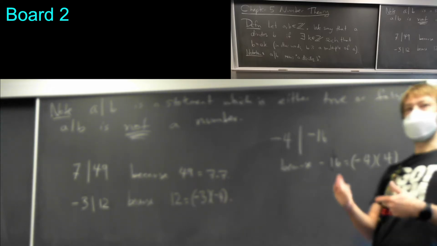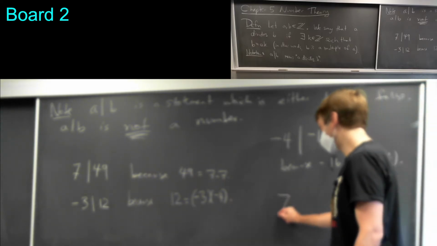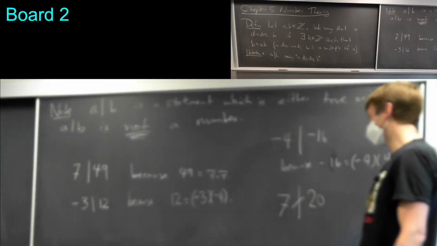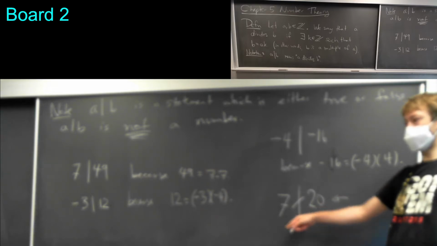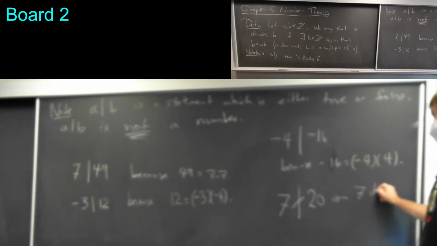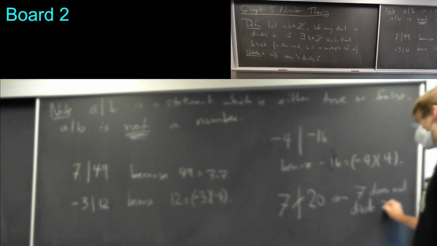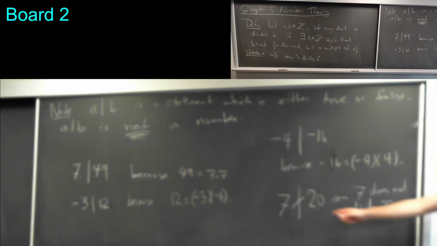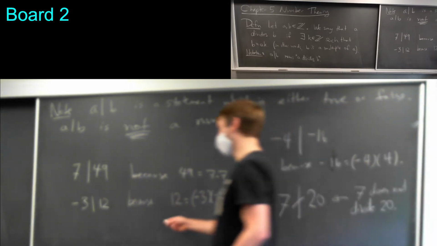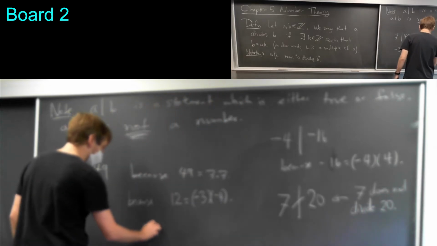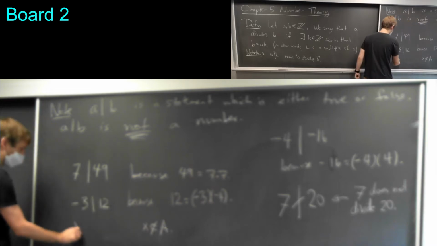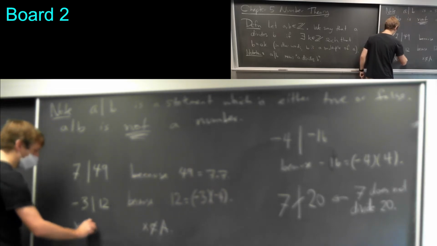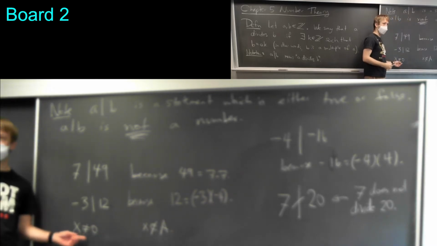If a number doesn't divide another number, we write a little slash through it. So 7 doesn't divide 20. This is a symbolic way of writing 7 does not divide 20. It's just like when we had things before, like x is not an element of A, or when you have something which is not 0, you write a slash through it.